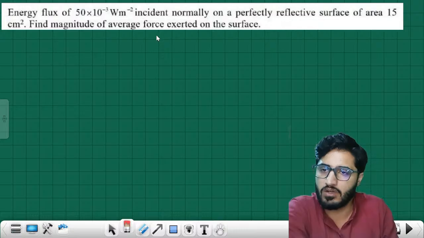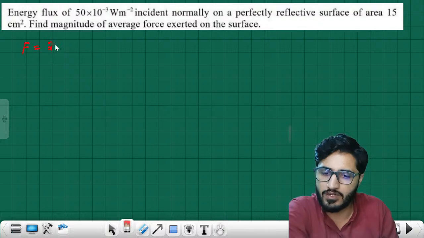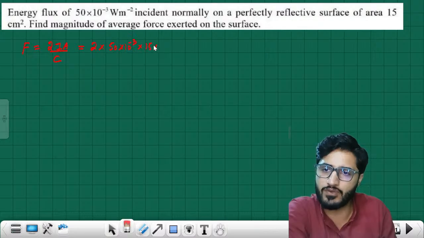So what is the force now? Is it 2IA divided by c? Yes, 2 is 2. I is intensity, that means 50 × 10 to the power minus 3. Area is 15 centimeters square, 10 to the power minus 4. c is 3 × 10 to the power 8.